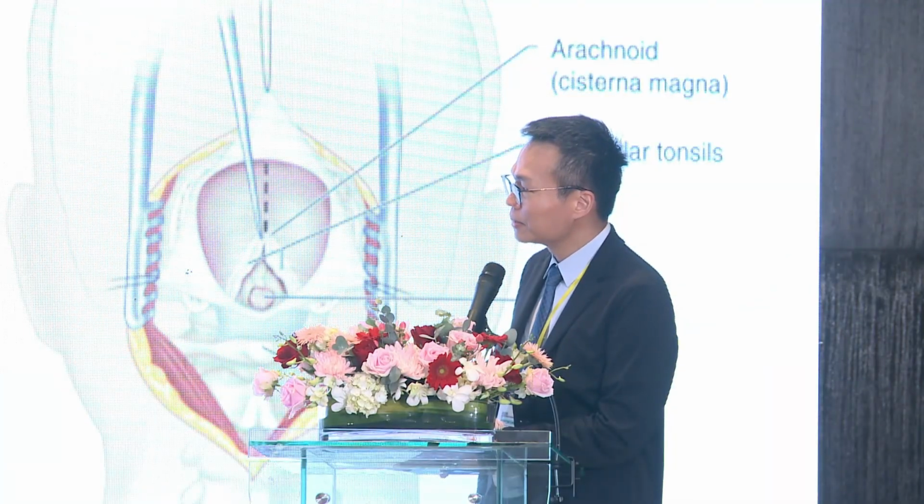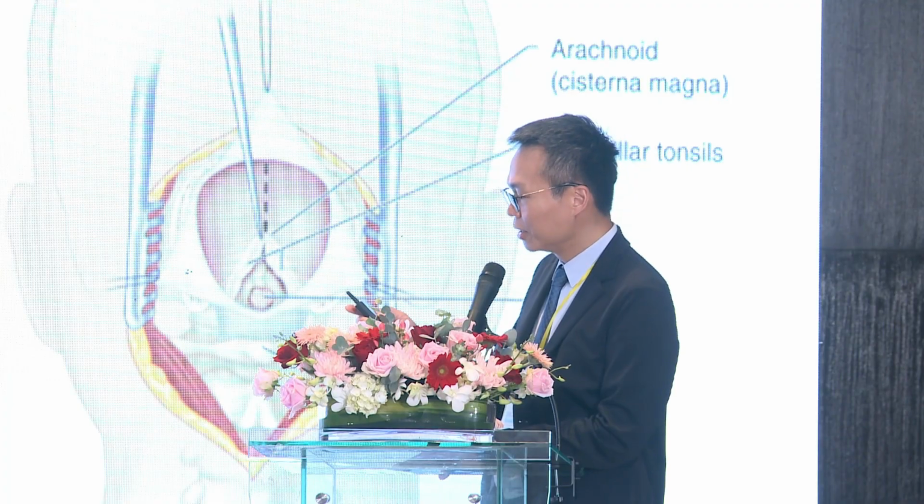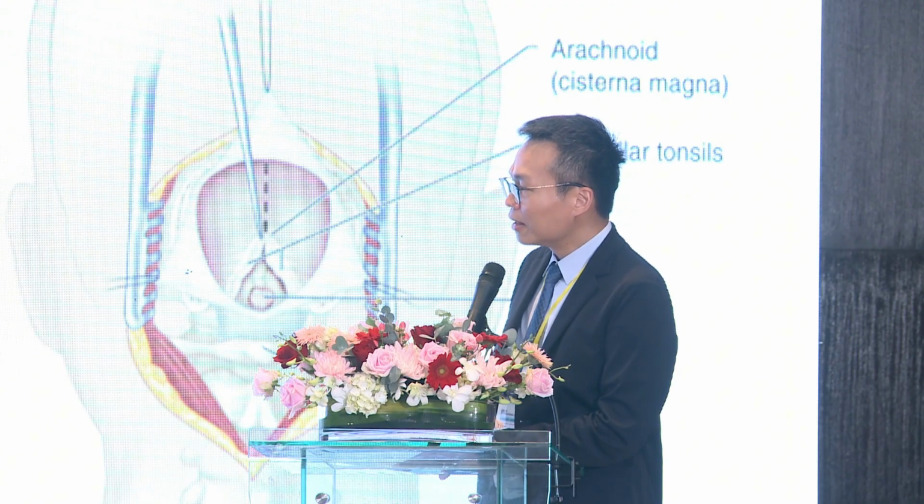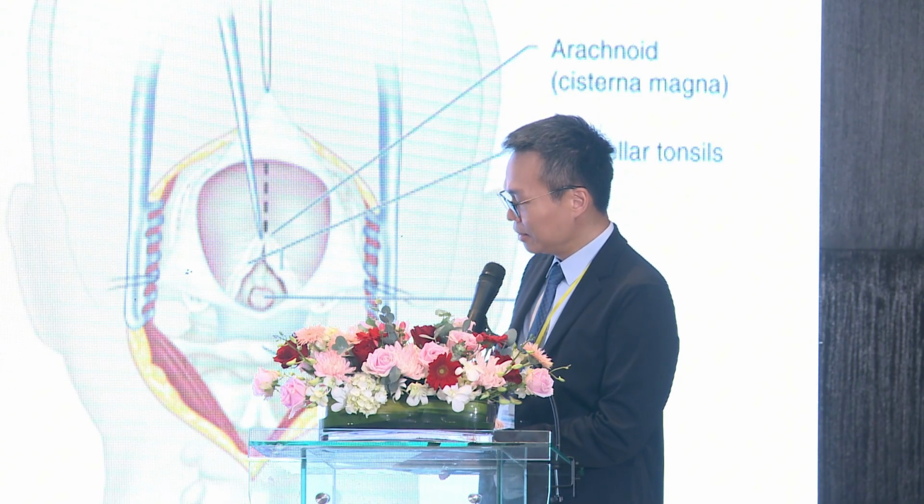The third approach I want to talk about is the suboccipital approach. Suboccipital means that we go to the infratentorial portion, that is the cerebellum. From the back, we go to the midline portion of the cerebellum.